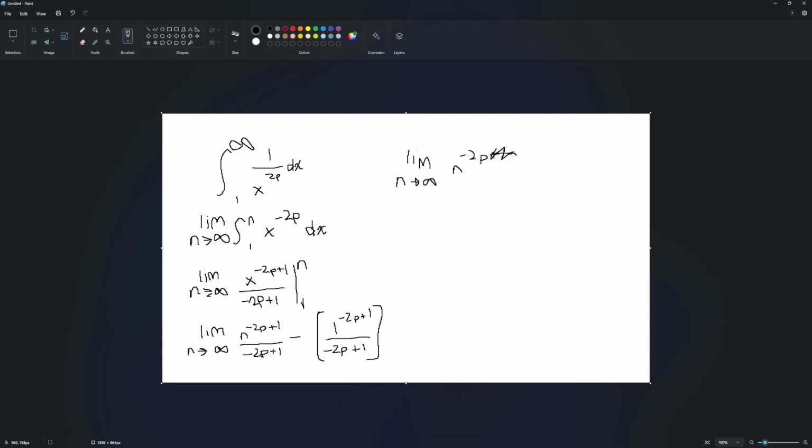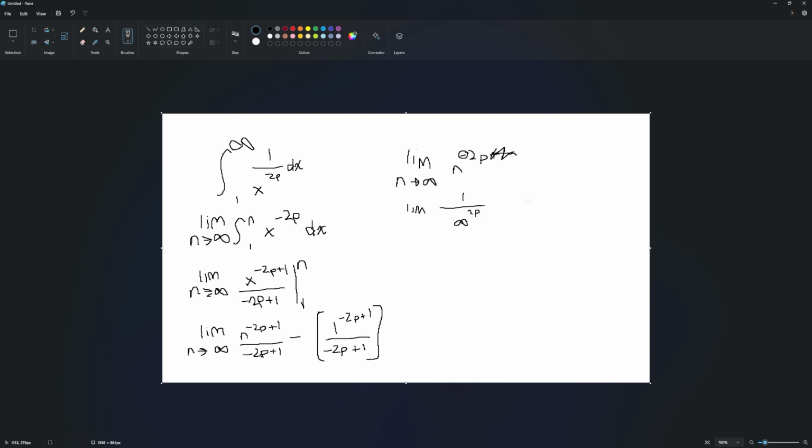Because of this negative, as n approaches infinity, infinity to any negative power is the same as 1 over infinity to that power, so to the 2p, where infinity is n. This is just non-formal math. It would be better if you did the limit and put n down here, but this is essentially what's happening.